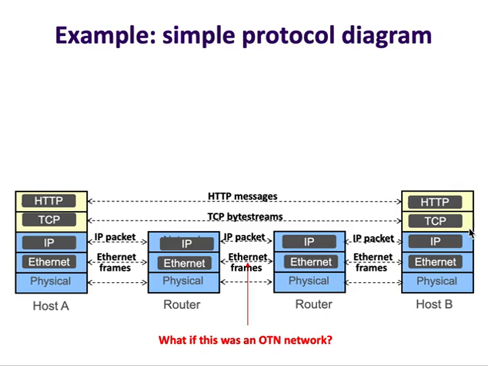You're right. You wouldn't have to change anything at the IP layer or the TCP layer or the HTTP layer. What about at the Ethernet layer between those two routers? So I told you Ethernet, I can't have an Ethernet sender talking to an OTN receiver, and Ethernet doesn't understand OTN. What would I do?